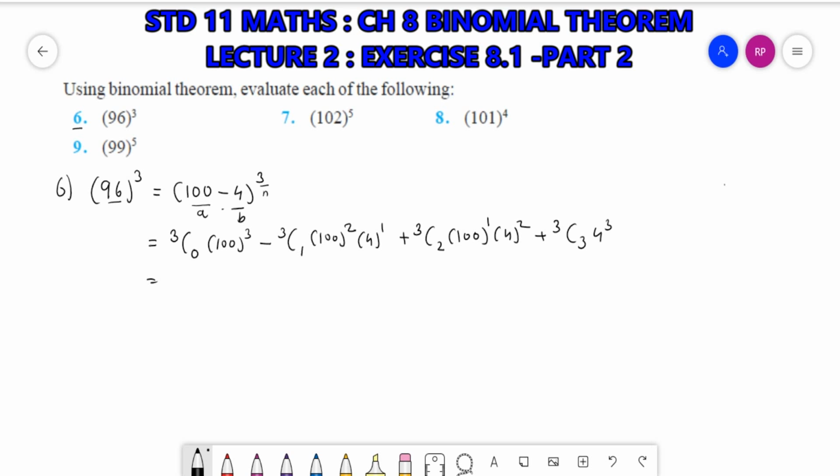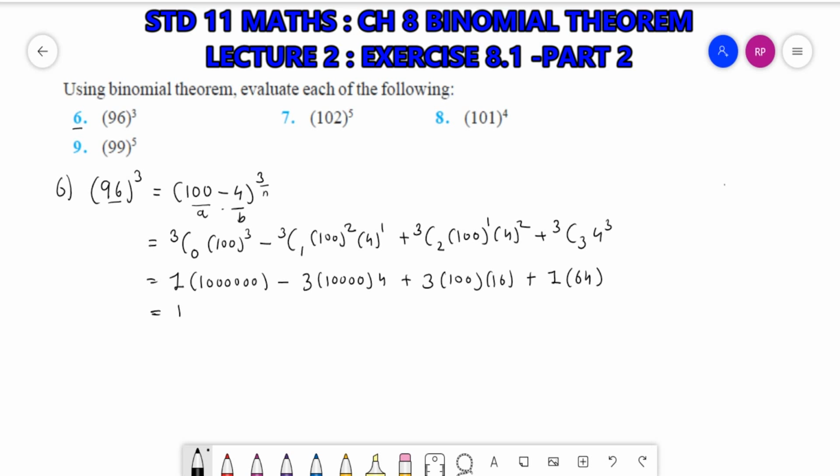Now 3C0, that is 1. And 100 raised to 3 means 6 zeros, so 1, 2, 3, 4, 5, 6. Minus 3C1, that is 3, 100 square, 1, 2, 3, 4 into 4. 3C2 is equal to 3C1, that is 3, 100 and 4 square 16. 3C3, again 1 and 4 cube, that will be equal to 64.